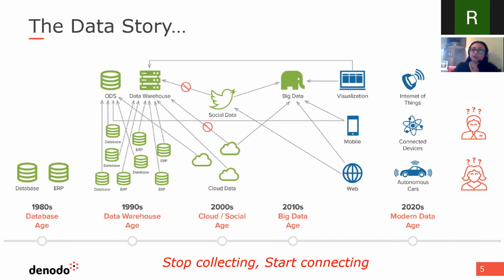It's not about just ESBs for transactional systems. It's not about ETLs trying to move the data around and constantly creating a centralized data store. It's about an agile approach. It's about stop collecting the data and start connecting all the data that you have. Don't move the data. Leave the data where it is.